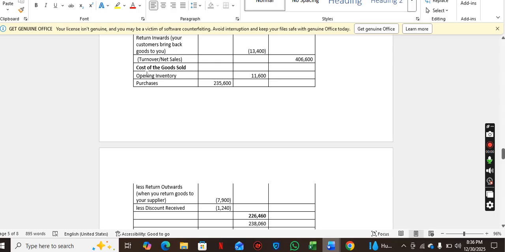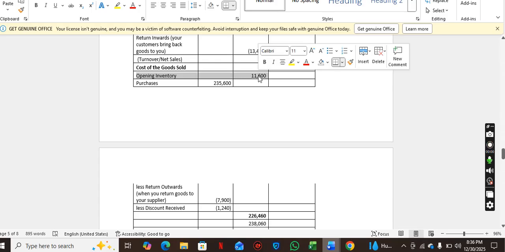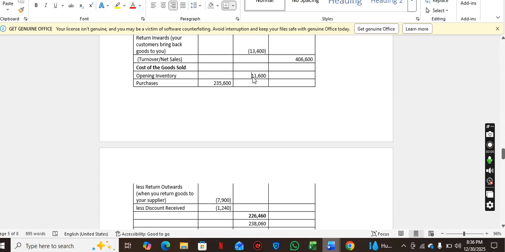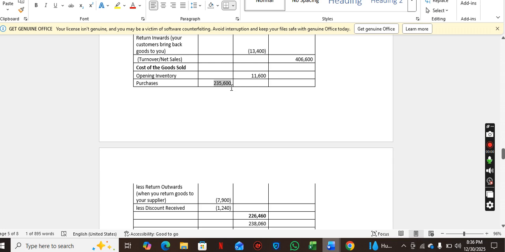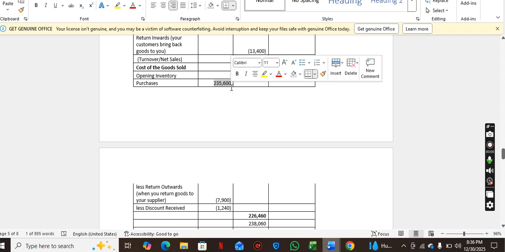So this year we started our year with goods worth 11,600. That's our opening inventory. Then we purchased goods worth 235,600. Now there are some adjustments we need to make to this purchases expense because we returned some goods and we received a discount.